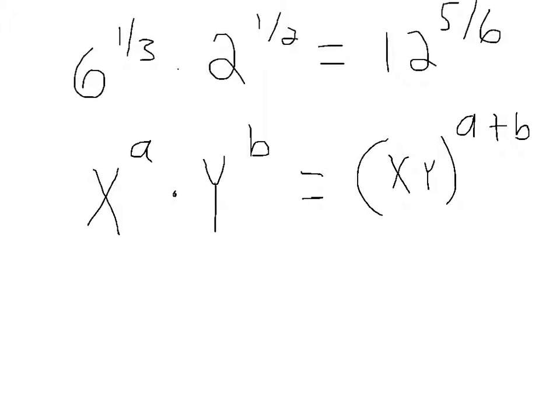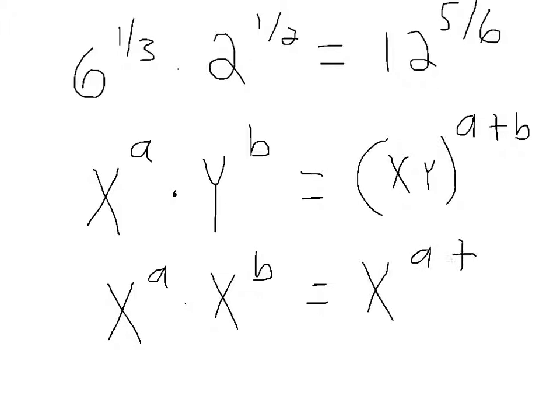The closest law that we have is the one I alluded to earlier: x to the a times x to the b is x to the a plus b, which isn't applicable in this case because x there corresponds to 6, which would mean that the x here would also have to correspond to 6, but it corresponds to 2.